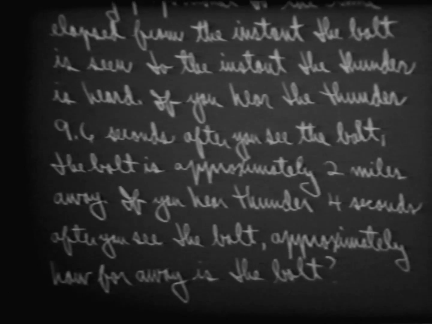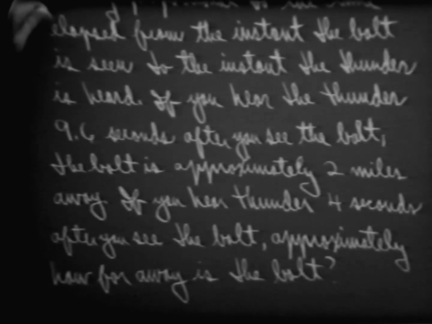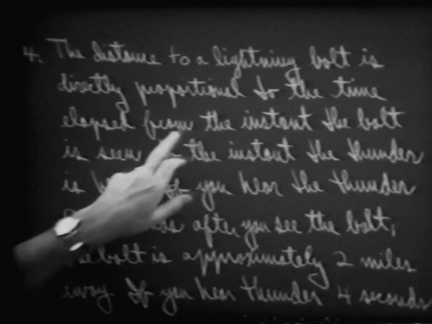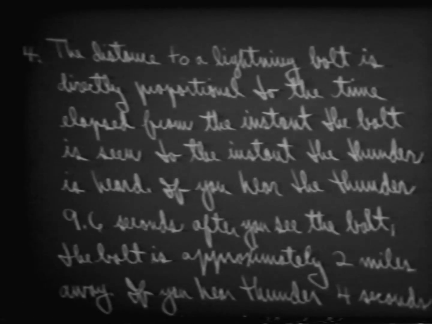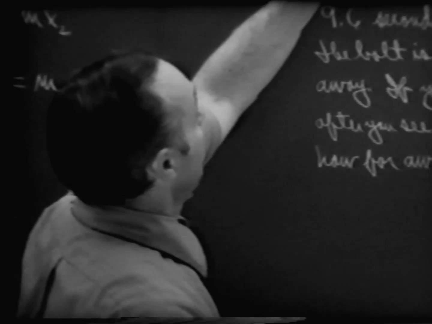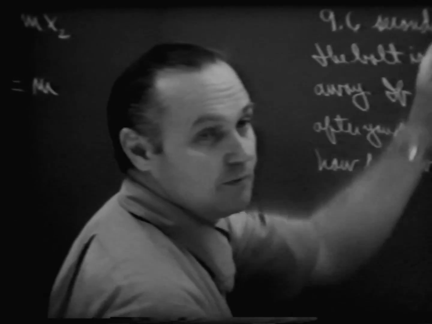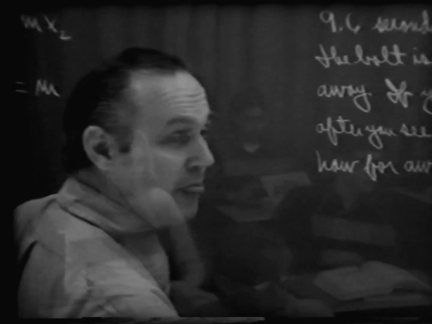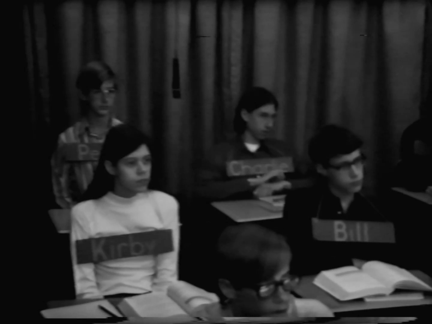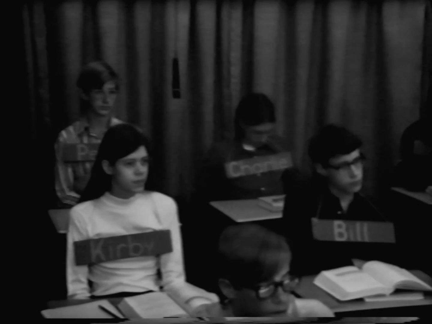There are a lot of words there, so let's get right back to the first sentence, which says the distance to a lightning bolt is directly proportional to the time elapsed. So who can give me a formula for that? Let's call D the name for the distance, and T the name for the time. D equals m times t. D is equal to m times t.